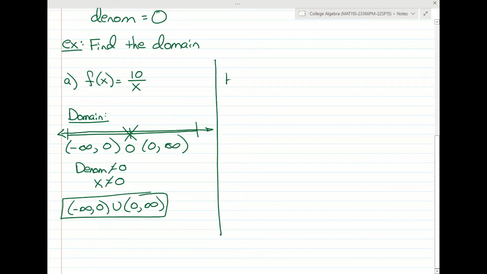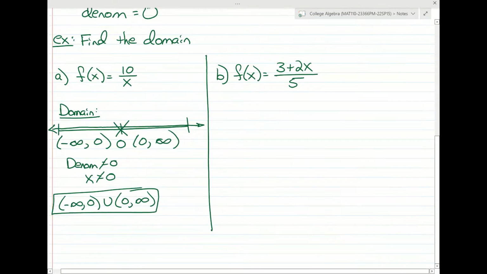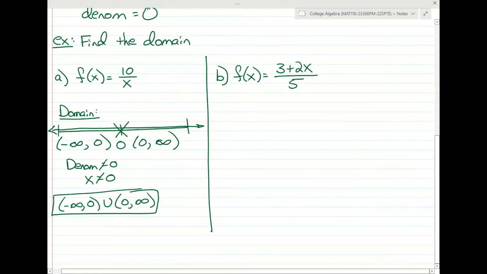What about if we had f of x is equal to 3 plus 2x over 5? Would the denominator ever be 0? No, right?